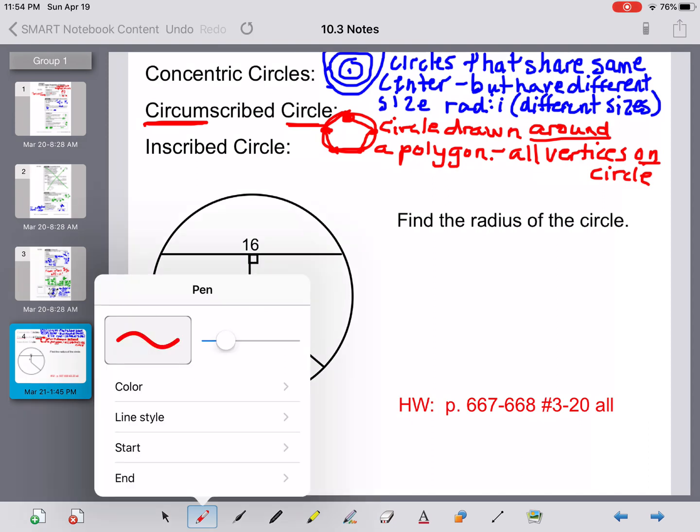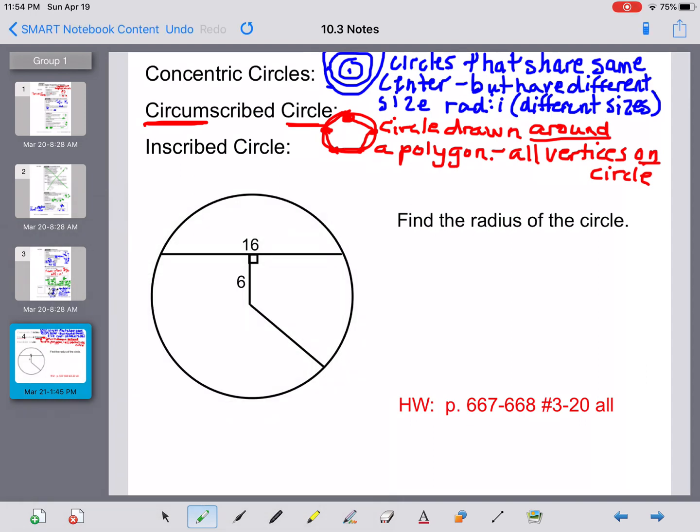Okay, so let's use the same idea on our next vocab word, where this is an inscribed circle. So now it's still talking about the circle, but now this circle is inscribed. All right, once again, what's the chance I can draw this at all? Here's my circle, and here's my shape that goes around, okay? So this time my circle is inside, because that's the shape I'm talking about, is the circle.